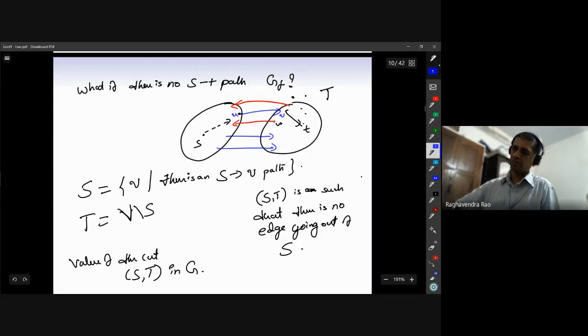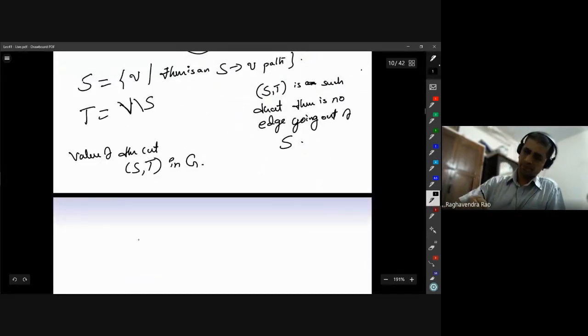So consider any edge UV such that U is in S, V is in T.